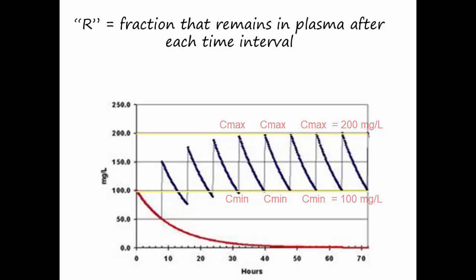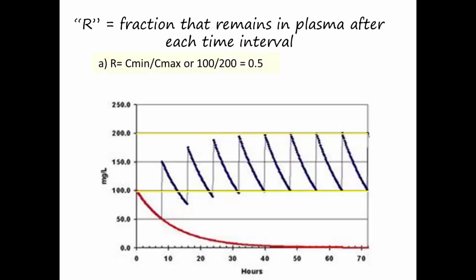When you do that calculation, we come up with 0.5, which basically tells you that 50% of the drug concentration in between intervals was lost. So we could also calculate R by applying this other formula that we have here, which multiplies the constant of elimination by the interval, and you take the antinatural logarithm of that value, and that gives you the fraction that remains after each time interval.